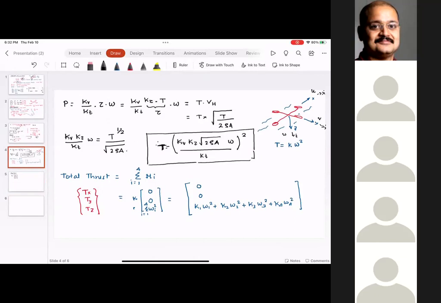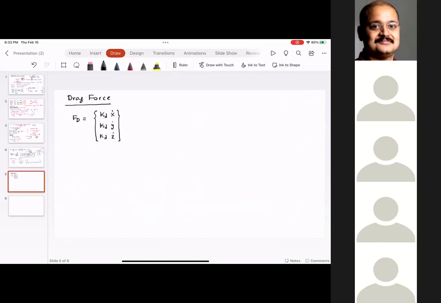Now this is an approximation. Many a times you can derive the drag forces in body coordinate system, or for simplicity with x dot, y dot, z dot, you can derive the drag forces in inertial frame. So as a first approximation, I'm just going to say Kd x dot, Kd y dot, Kd z dot. These are the inertial velocities.